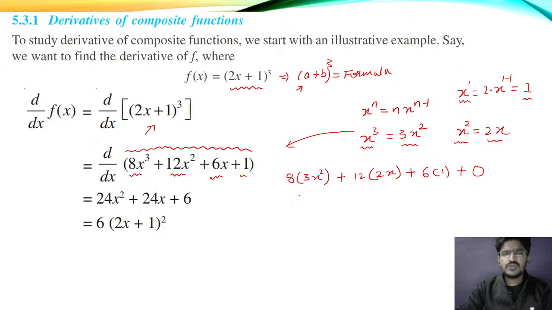Now if I simplify this, it is going to be 24x square plus 24x plus 6.